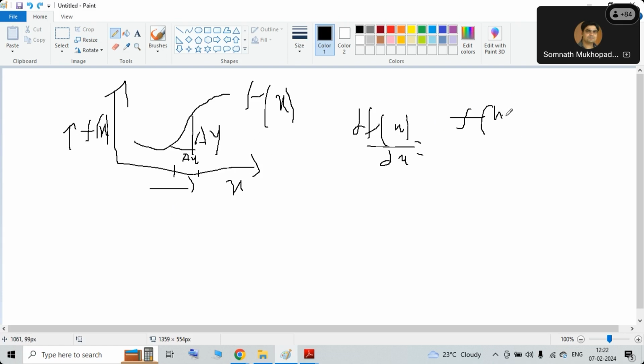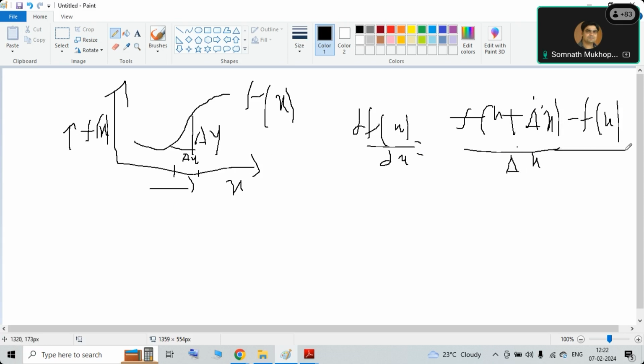So del f(x) with respect to del x equals f(x plus del x) minus f(x), divided by del x. So this is the derivative, or the gradient, by which we can also determine the gradient.